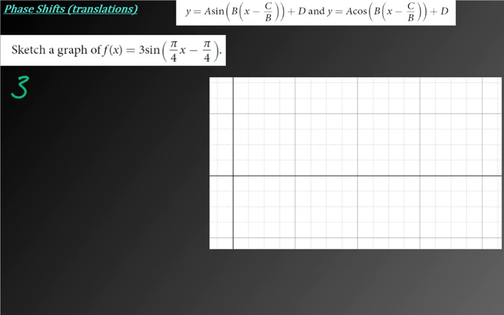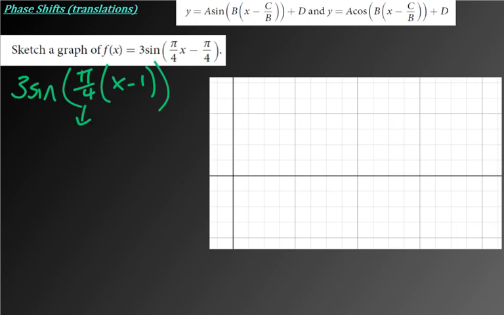And just like all year long, if you get one of these things where there's multiple things going in there, I would always factor it so you can easily see what is going on. So if you take out pi over 4, this is your horizontal stretch or compression factor.